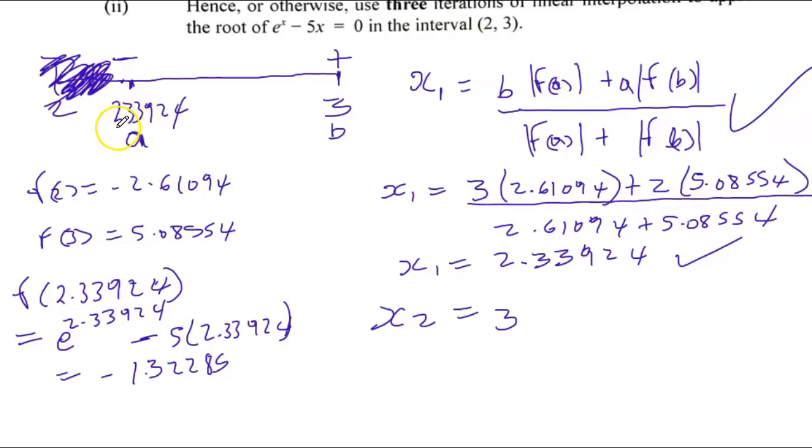F(a) is f(2.33924), which we had already found was negative 1.32285.